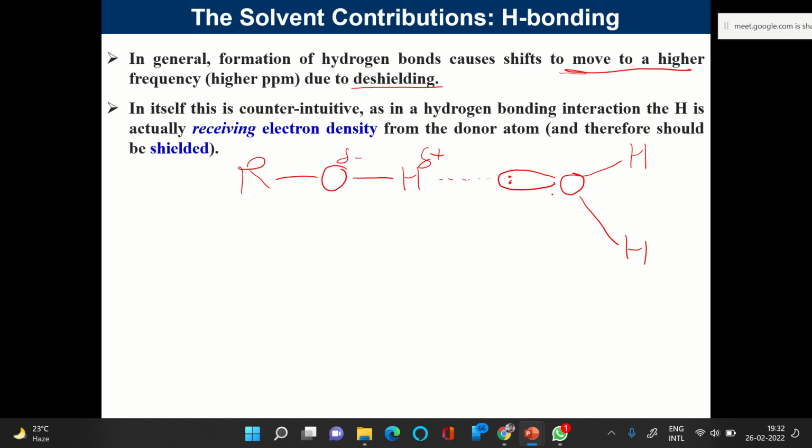It is a lone pair that participates. So the lone pair of the other molecule, in which you have hydrogen bonded to a highly electronegative atom such as this. In a hydrogen bonding interaction, suppose it is an isolated condition, it is having a positive charge, which means that electron density has been removed from its vicinity.